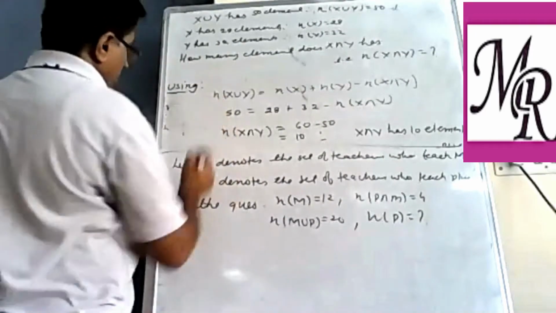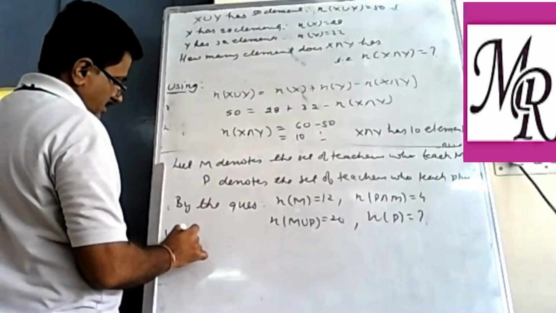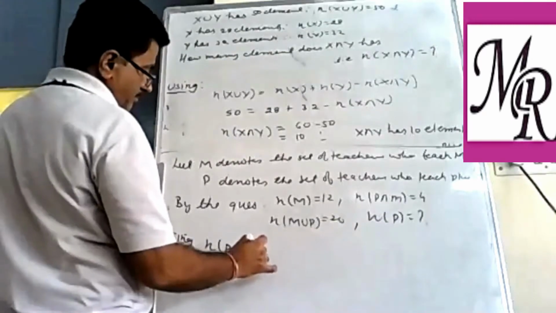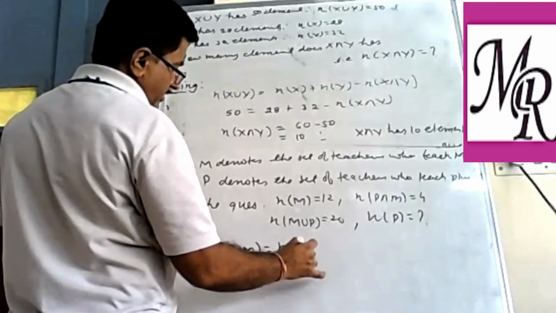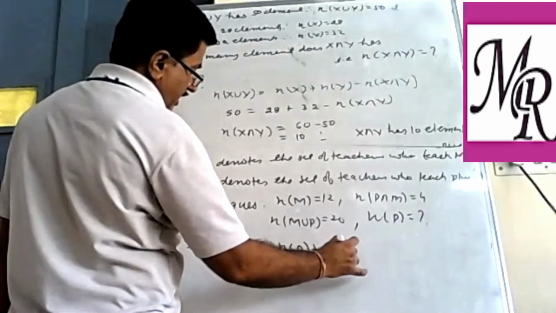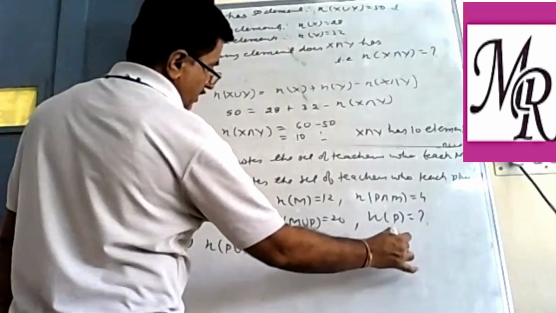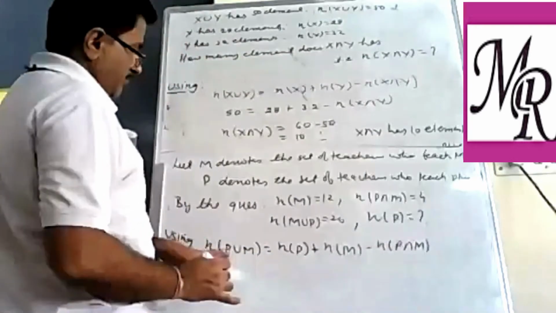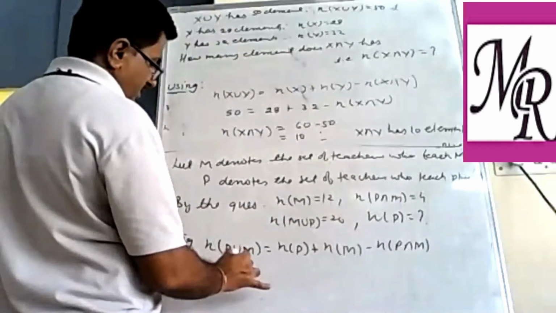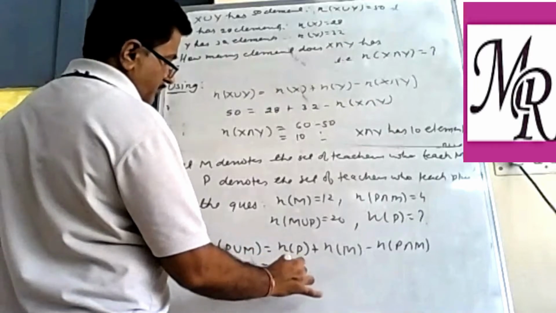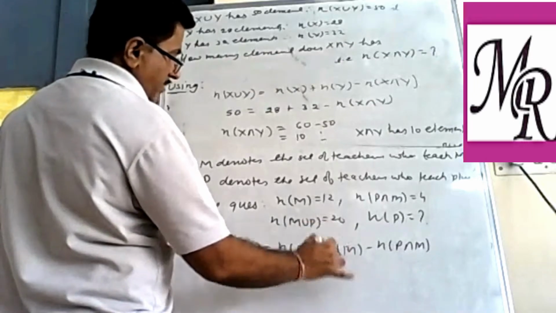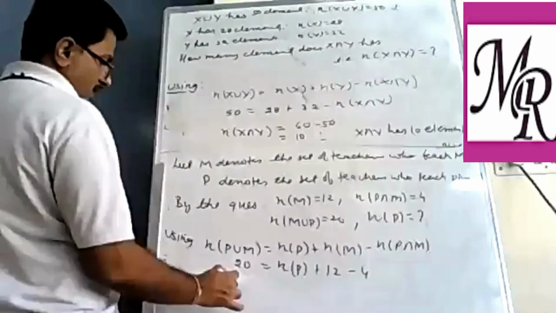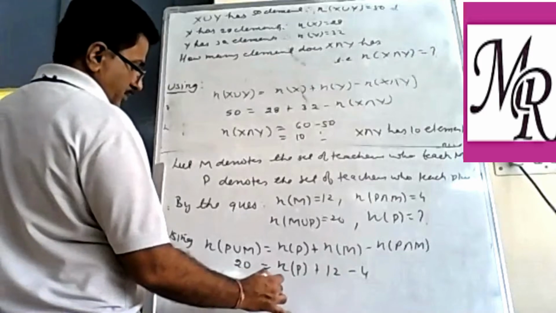So again use this formula. Number of elements in P union M equals number of elements in P plus number of elements in M minus number of elements in P intersection M. So here we are given P union M is 20. Number of elements in P we have to find, and M is 12 and this is 4.